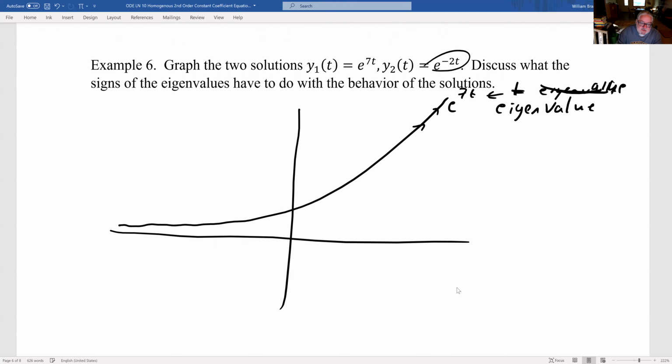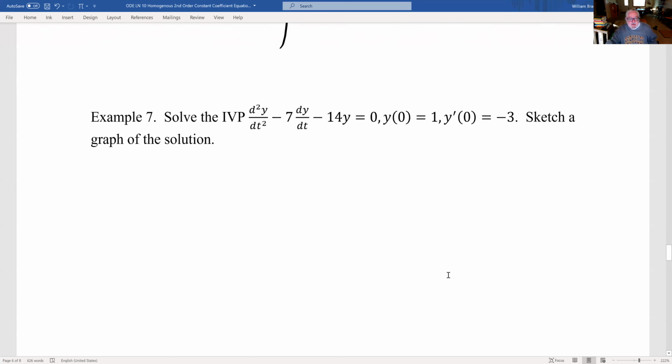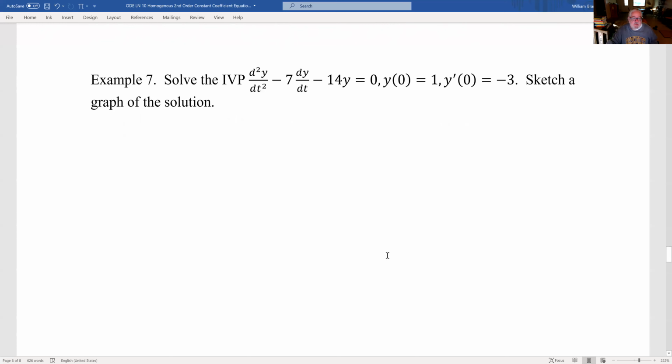E to the minus 2t, on the other hand, is the negative eigenvalue, and we go to 0 in forward time. Right? So positive means you're going up to infinity in forward time as t goes to infinity. Negative means you go to 0 in forward time, and vice versa for backwards time. So here's another initial value problem. We found the general solution above.